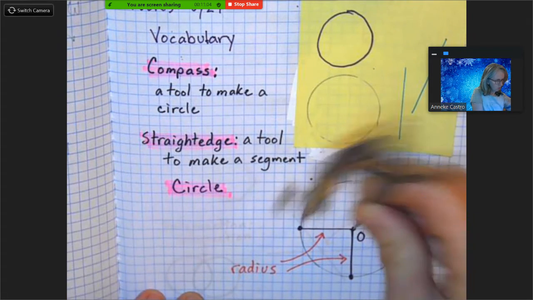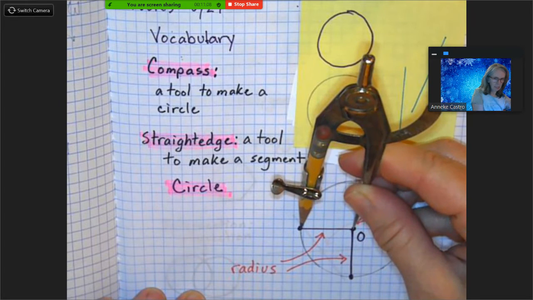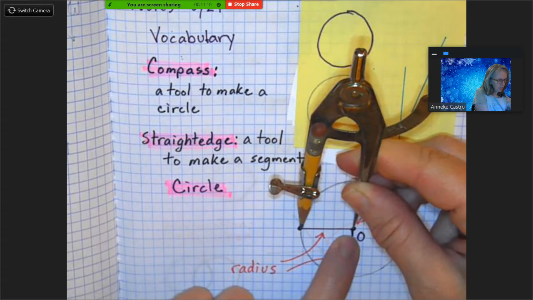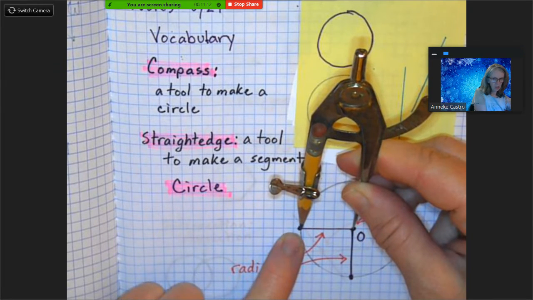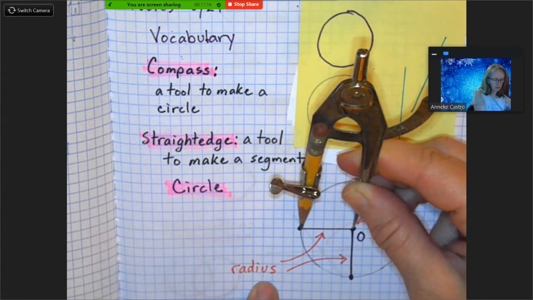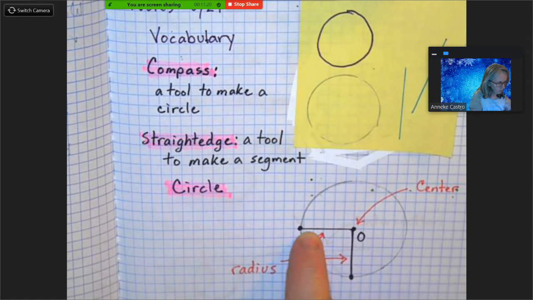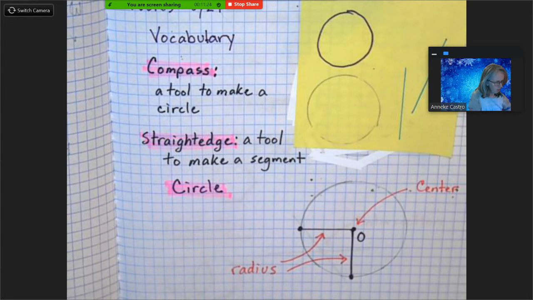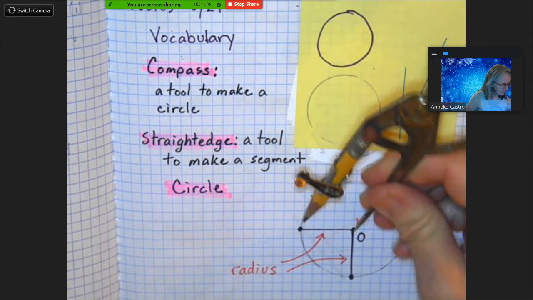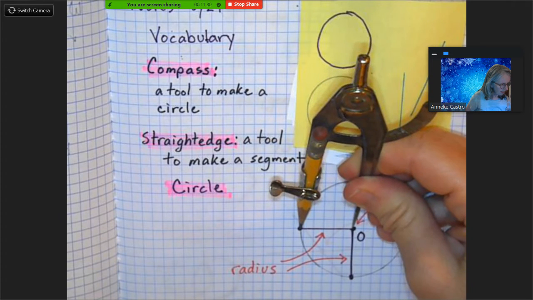The distance from the center to the edge is called the radius. So this distance where I drew this segment is called the radius. The radius is the same no matter where I draw it to.